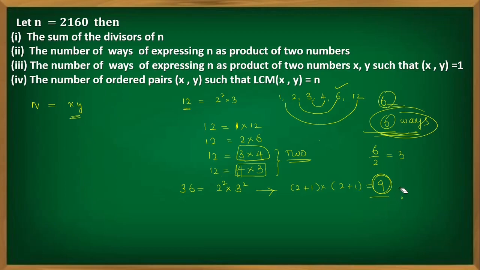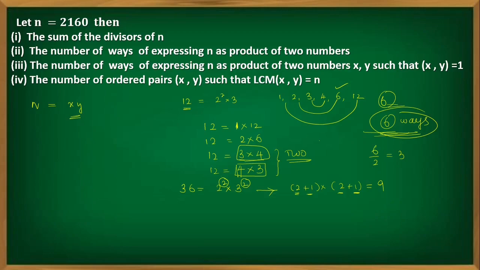So what's happening here? Whenever all the powers are even in the canonical form, even plus 1 is odd, even plus 1 is odd, and odd into odd gives you an odd number only. So we cannot make it a half. You cannot make it a half.